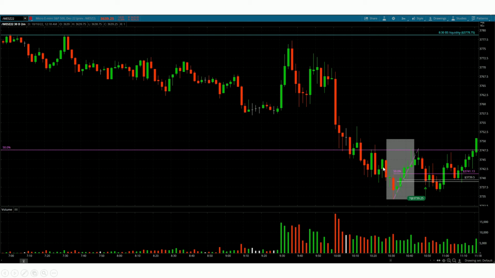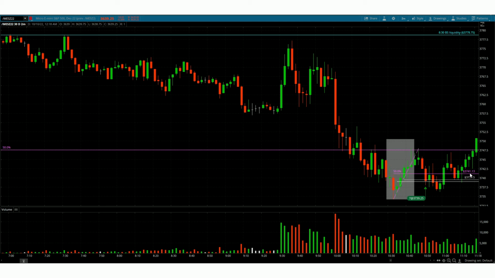You can see the market, I mean that's where the swing high is, and then the market structure shift happens within that gray rectangle itself. So I've taken the price range of that, and the 50% level is around 37.41.